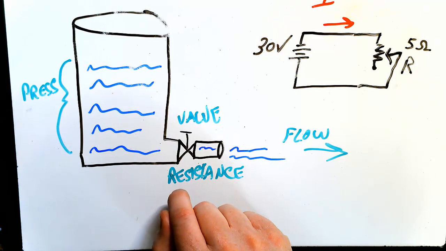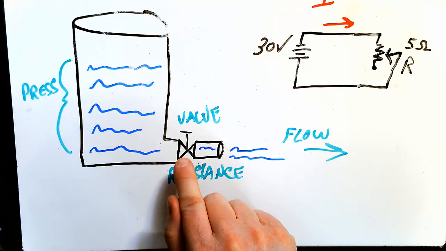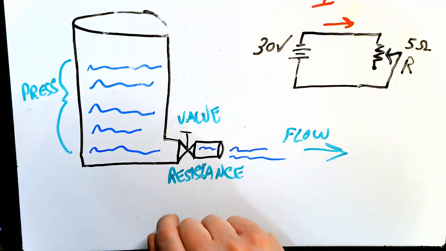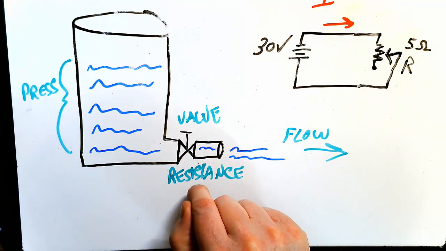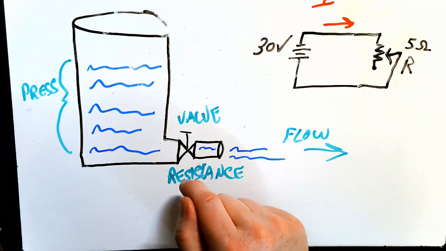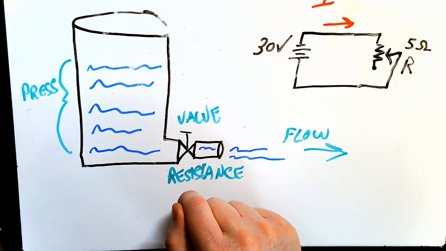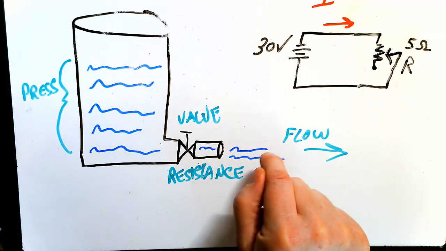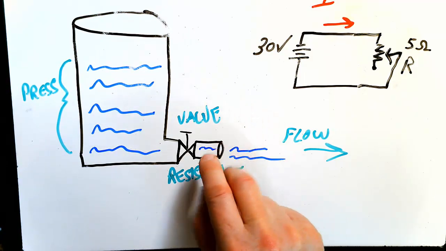But there's this inverse relationship between the resistance and the flow. As the resistance increases, if we close down the valve, the resistance increases, the flow decreases, and vice versa.